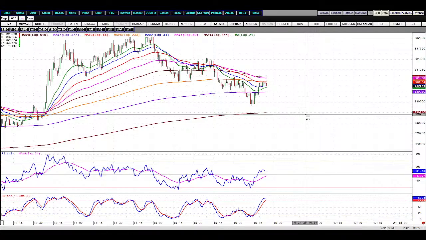So I'm trying to exit at 3306. And this will happen only in the next 15 minutes, not now. So we have to give another 15 more minutes for this price to come down.